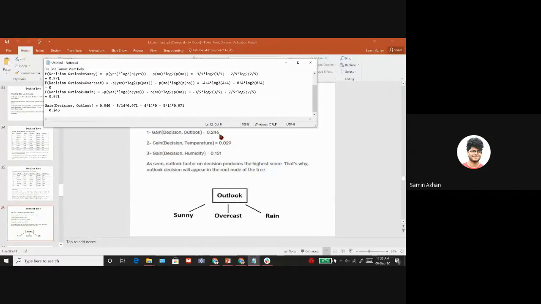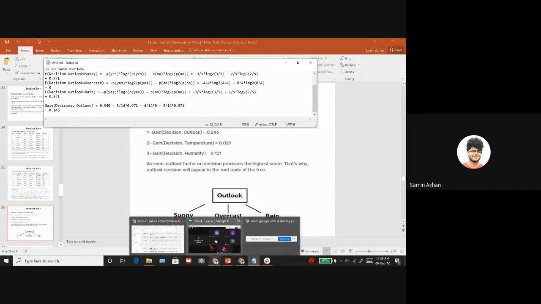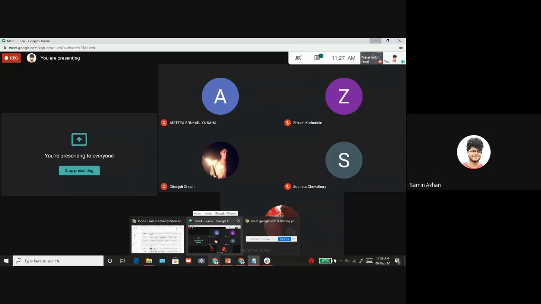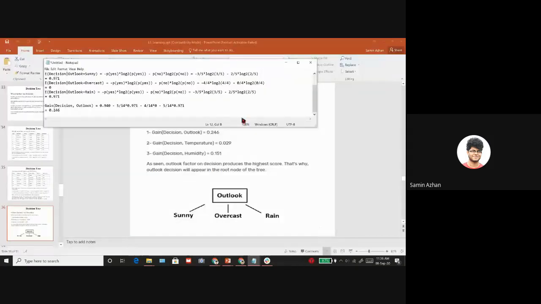So did we understand how we can calculate the information gain, how we can calculate the entropy? Can we do it on our own from now on?